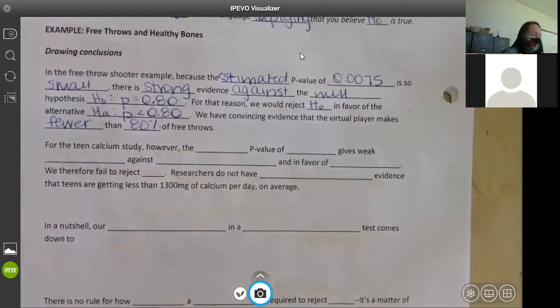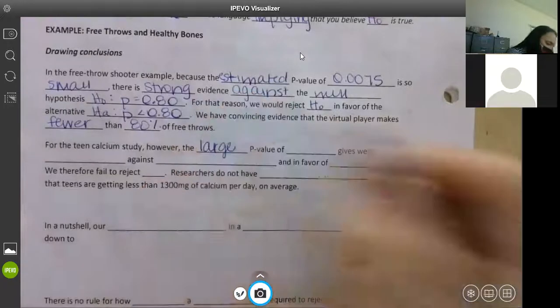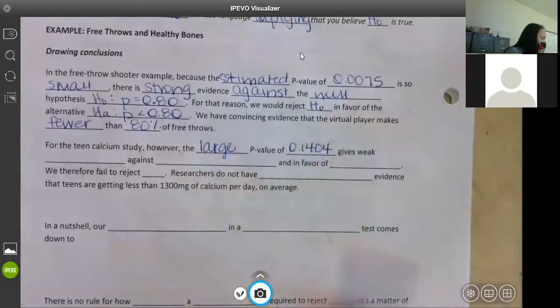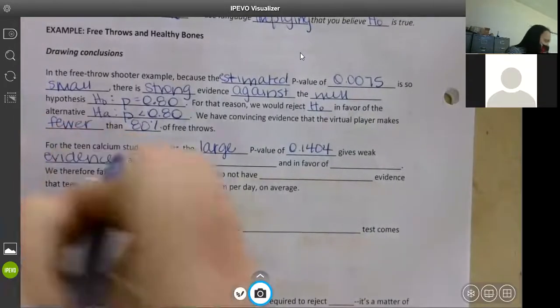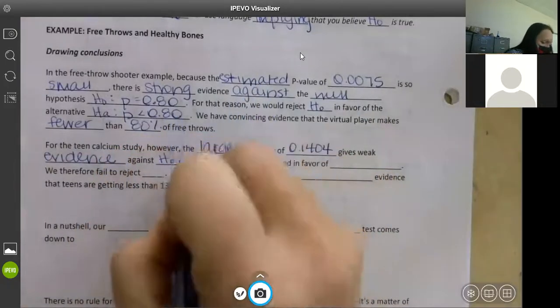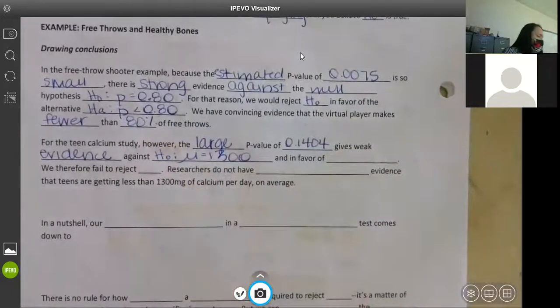For the Team Calcium study, however, the large p-value of 0.1404 gives weak evidence against H sub O, which was that mu was 1300. That's the one I just showed you a second ago.